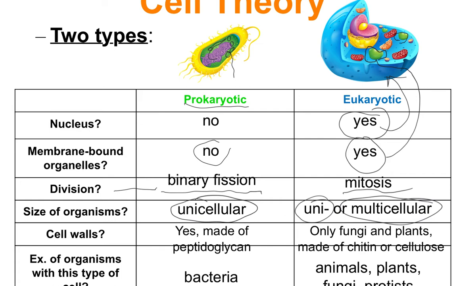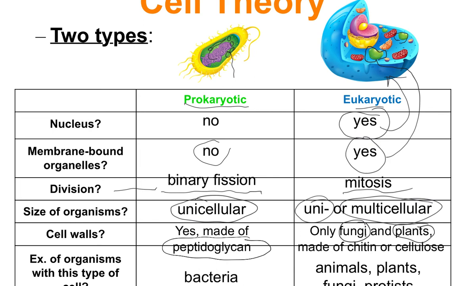When it comes to cell walls, a cell wall is a rigid structure that gives the cell its sturdy shape. In prokaryotes, the cell wall is made of peptidoglycan, and in eukaryotes, only two main types of organisms have cell walls. They are fungi and plants. So it's only these two types that actually have a cell wall.